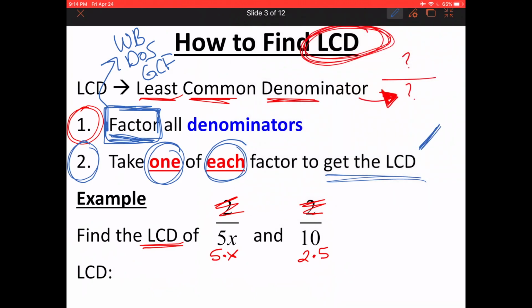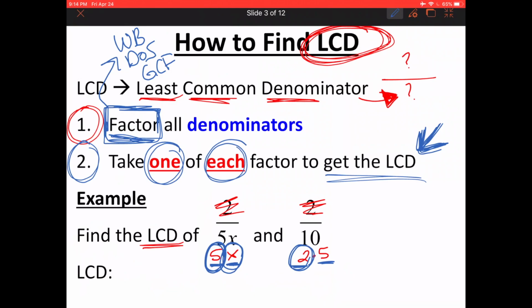Now, this is what we mean by step 3. Take one of each factor. There's a 5 in each one. I only need to take one of them. Okay? The x is only here, so I have to include it. The 2 is only here, so I have to include it. All right? So if there's only one factor, you have to include it.